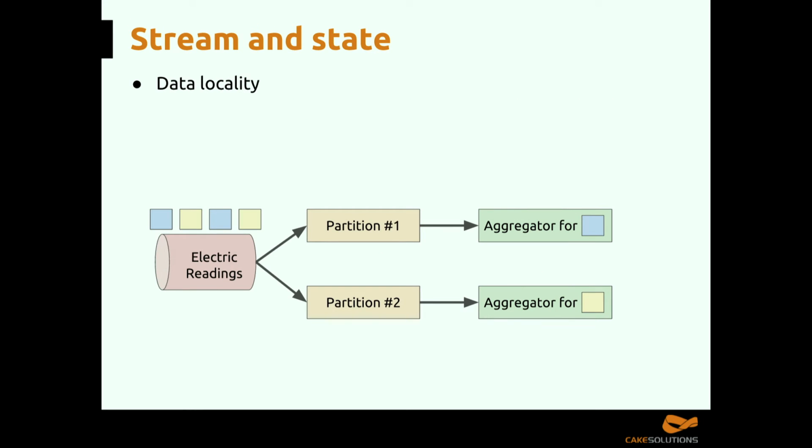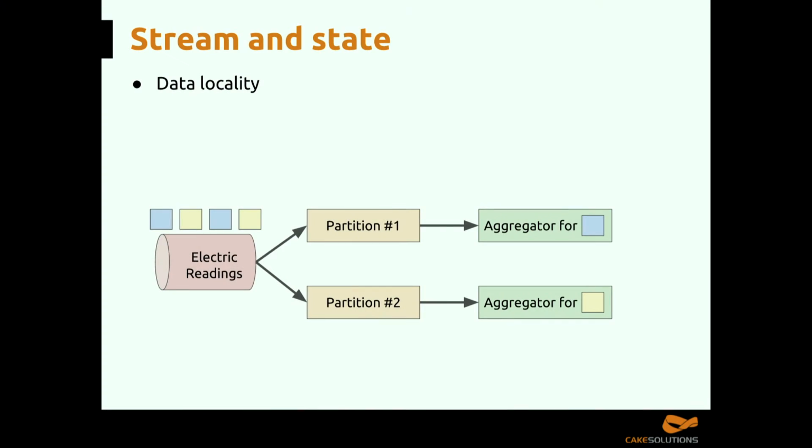All right, so one of the complexities around parallel streaming of data and stateful processing is data locality. So how do we make sure that the correct data is available to the correct processing component, right? So if our aggregation app is calculating this average electricity consumption per meter, all readings for a given meter must be located on the same partition.